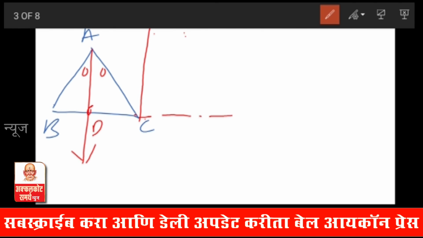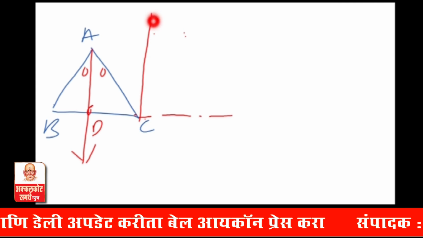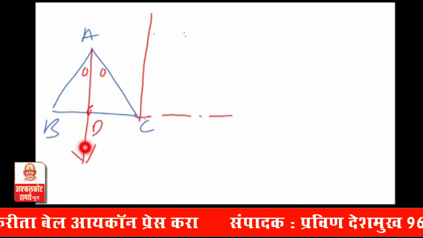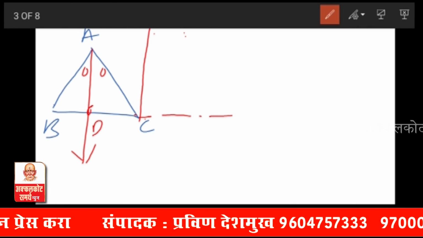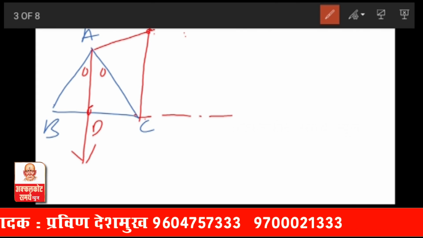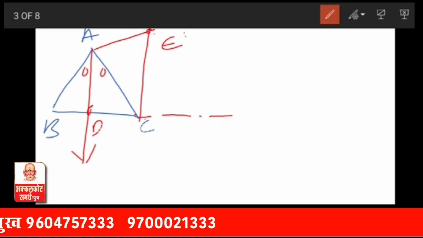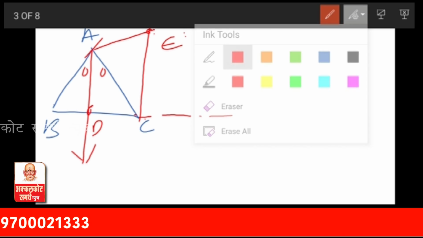That line, whatever I have drawn from C, is parallel to this bisector AD. Remember this much. This is our construction, and then this vertex A we will join here. Suppose here the point is E. See the construction, and in this way this A will get extended. Just give me one minute, I will draw once again.